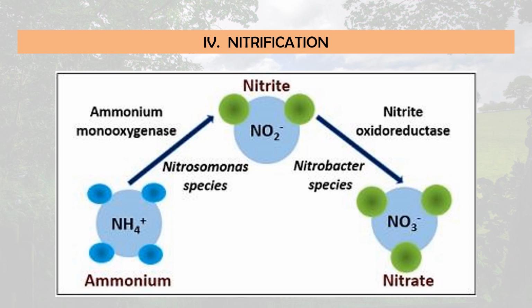The nitrites so formed by these organisms are toxic to plants as well as the organisms forming them. So the nitrites are removed by further oxidation to nitrates by bacteria of genus Nitrobacter. Here, the nitrite combines with oxygen to form nitrate.